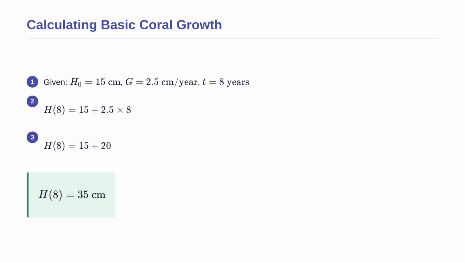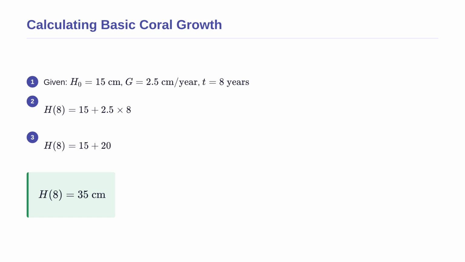Let us see this formula in action with a concrete example. A marine biologist is studying a young branching coral colony that is currently 15 centimeters tall. It grows at a steady rate of 2.5 centimeters per year. We want to calculate its expected height after 8 years. First, we identify our given values. Initial height is 15, growth rate is 2.5, and time is 8.